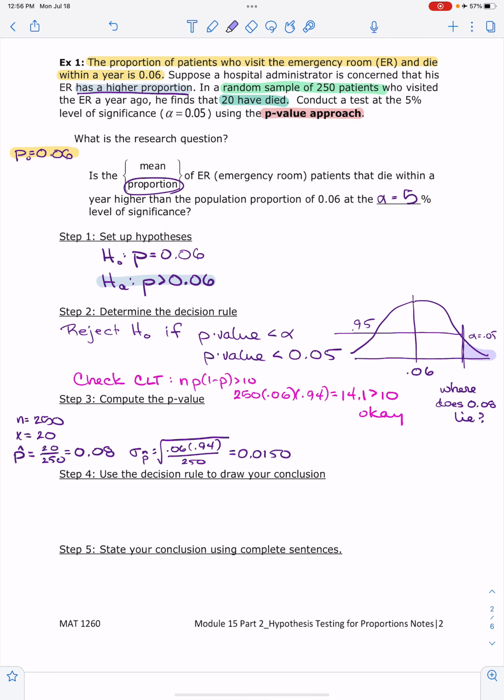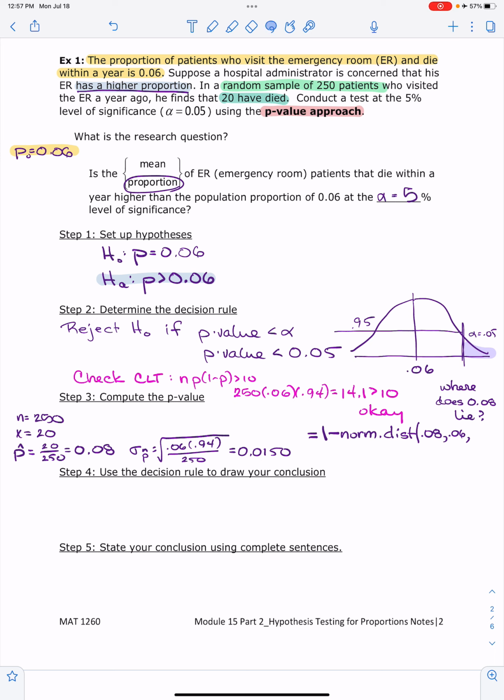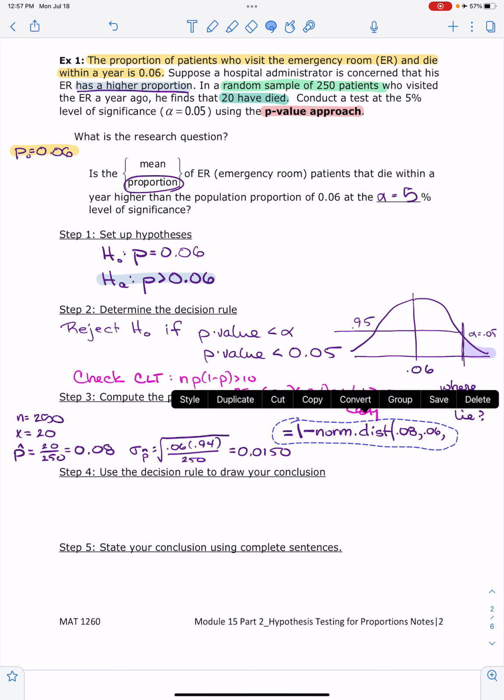So when I plug this into Excel, I've got 1 minus norm.dist, using the normal distribution. We checked for normality, right? 0.08, 0.06. I did not leave enough room.